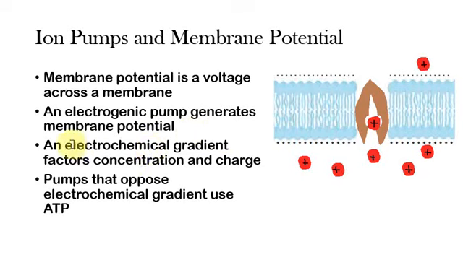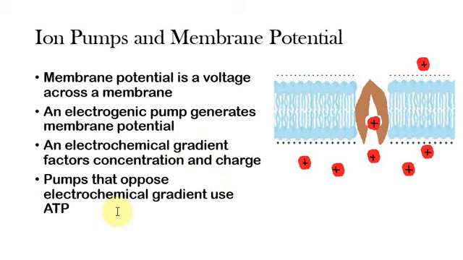Now, the electrochemical gradient factors in this concentration gradient as well as a charge gradient. In other words, the separation of charges between the two sides of a membrane. Whenever we talk about diffusion, especially with ions or other charged substances, they'll actually travel down their electrochemical gradient rather than just their concentration gradient, because that charge will actually play a factor.